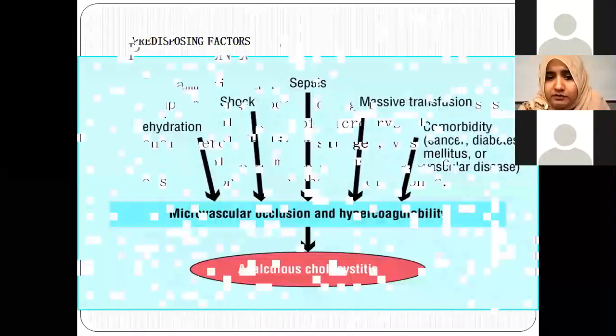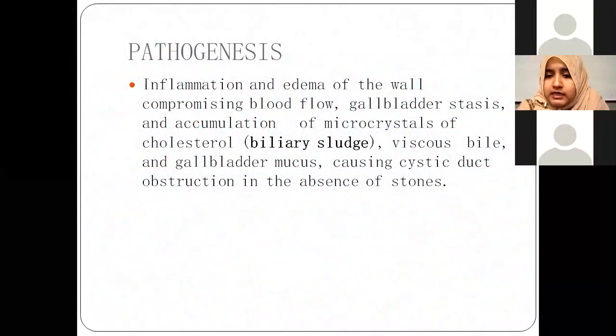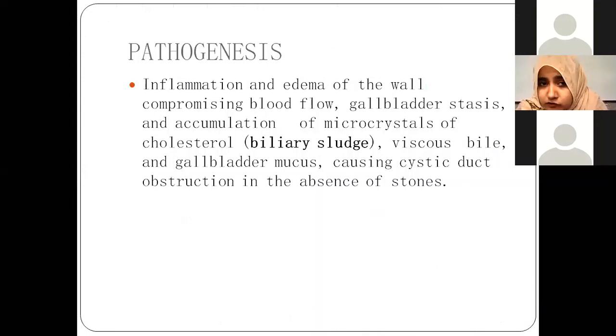And what happens in acalculous cholecystitis? There is impaired supply of oxygen and blood that leads to gallbladder stasis. Because of that stasis, there are microcrystals of cholesterol, that is the biliary sludge, viscous bile formation, and the gallbladder mucus gets inflamed and gets an insult because of obstruction and biliary sludge formation.